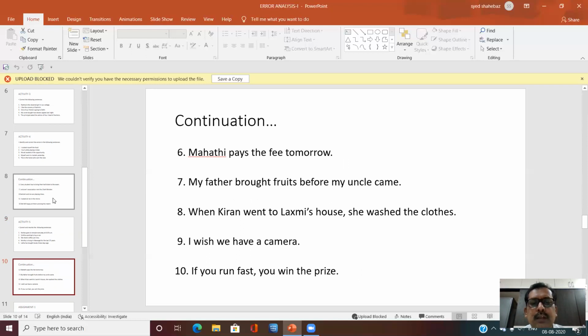Mahati will pay the fee tomorrow. My father had bought fruits before my uncle came. When Kiran went to Lakshmi's house, she was washing the clothes. I wish we had a camera. If you run fast, you will win the prize.